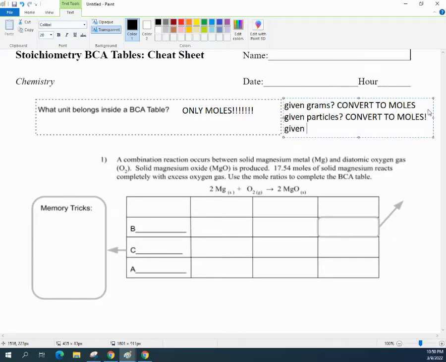If you are given molarity, guess what, guys? Convert to moles. If you are even given volume, which is liters, convert to moles, folks. So the only way that you are able to use this table is if you have moles. Once you have moles, then you're good to go.